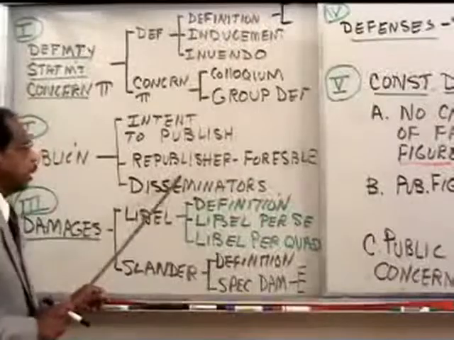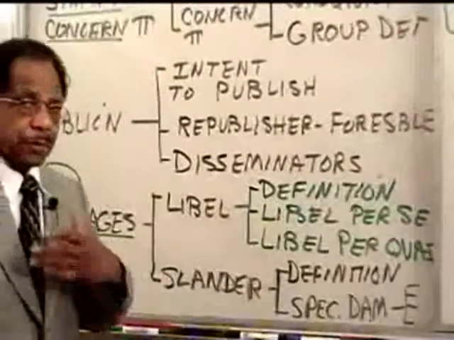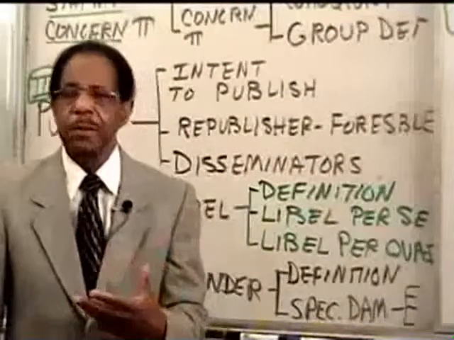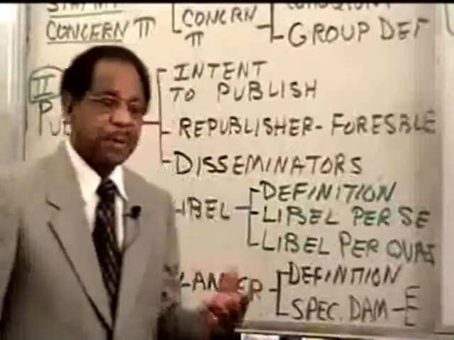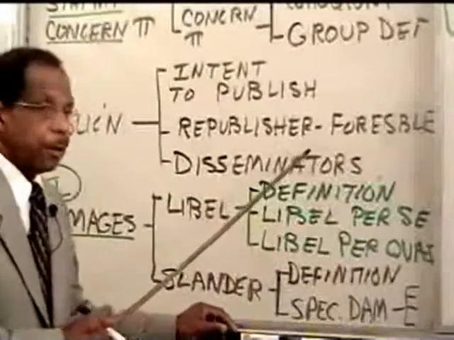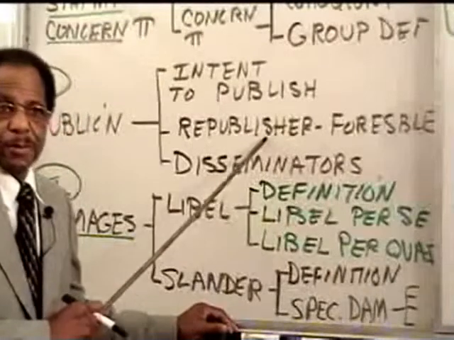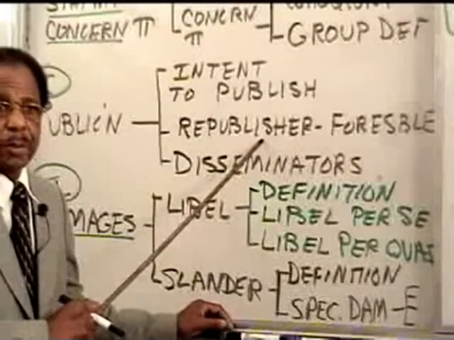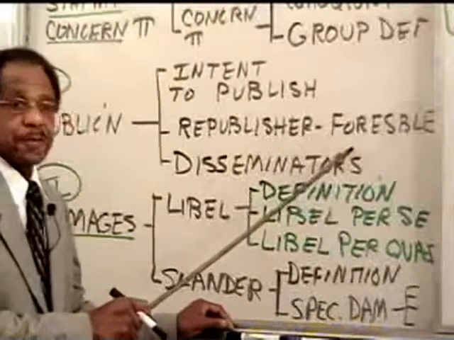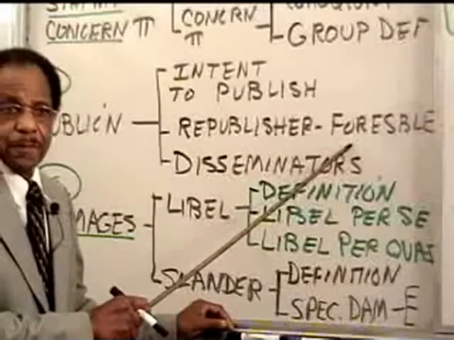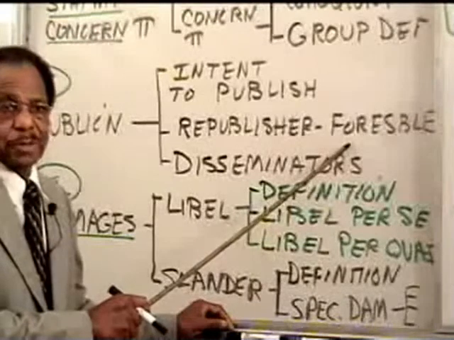Now, not only is the republisher liable for whatever the republisher said, but the original defamatory person who made the original defamatory statement is also liable for what the republisher did if the republication was foreseeable.